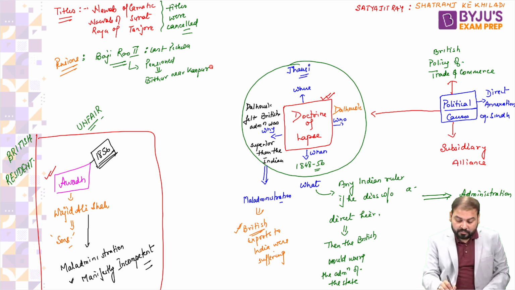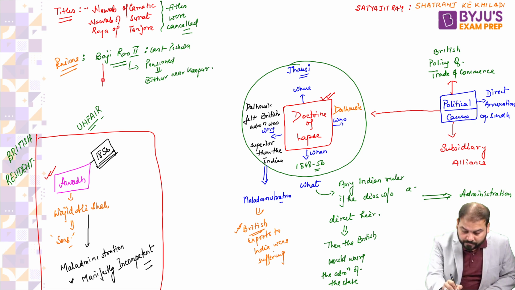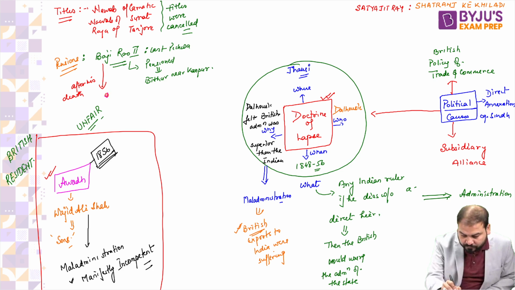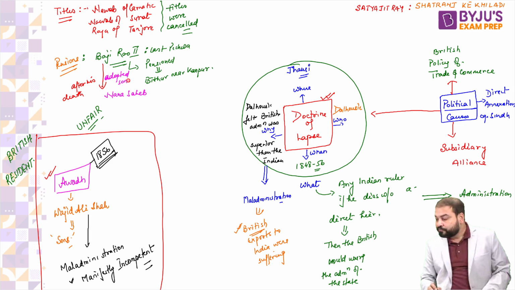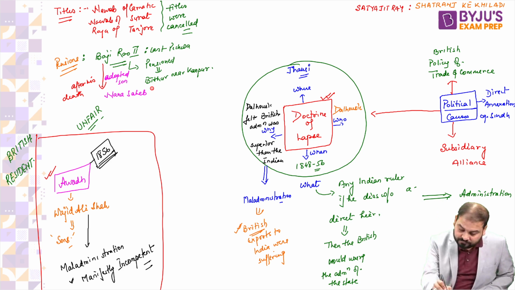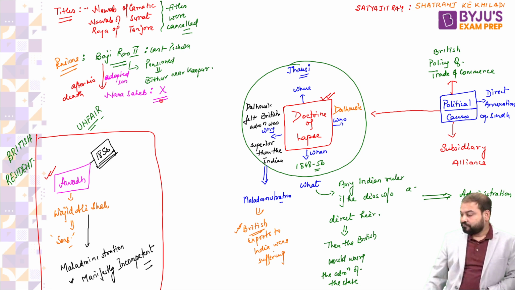Now, after his death, Nana Sahib, he was the adopted son of Bajirao II. Nana Sahib was told, you will not get pension.